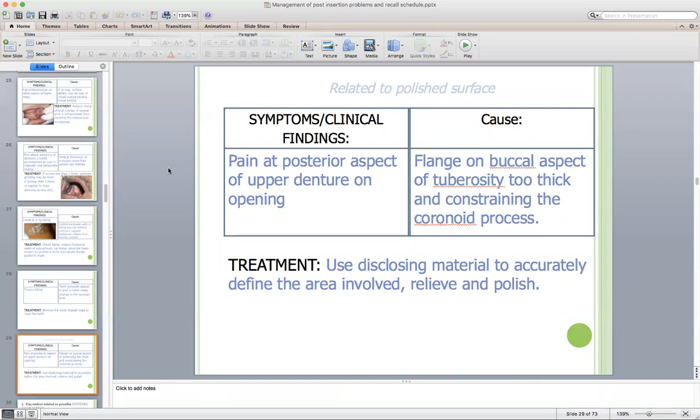So what we have to do is paint the posterior aspect of the maxillary denture on the buccal aspect using a disclosing material to accurately define the area that is causing the problem, and we can relieve that particular area and later on polish it.